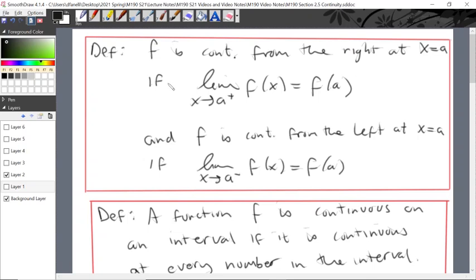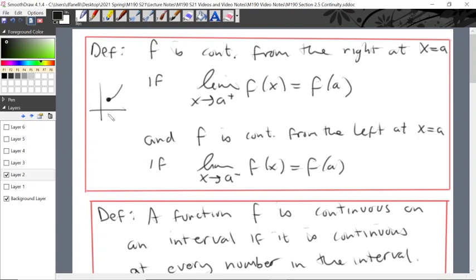So what does it mean to be continuous from the right? Well, let's say that we have a graph that has an endpoint on it that we can approach from the right. But then at the endpoint, we do not have necessarily continuity from the left.